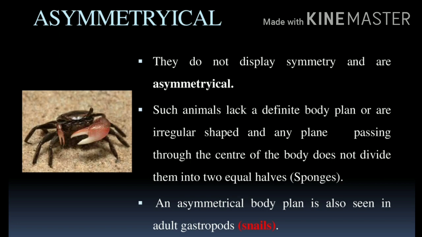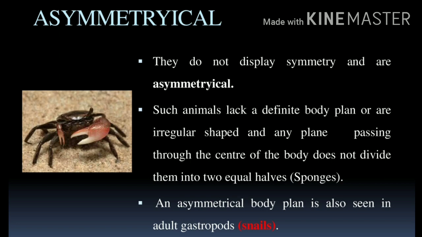What is the difference between symmetry and asymmetry? Symmetry means if we cut it at the center axis, it divides into two equal halves. That is called symmetry. If the body lacks a definite body plan and is irregularly shaped, any plane passing through the center cannot divide it into two halves.